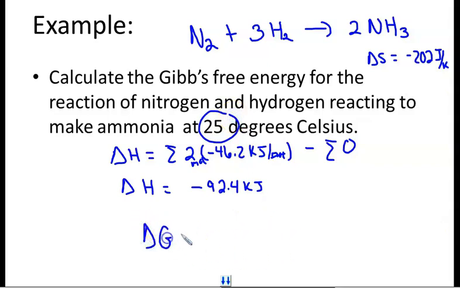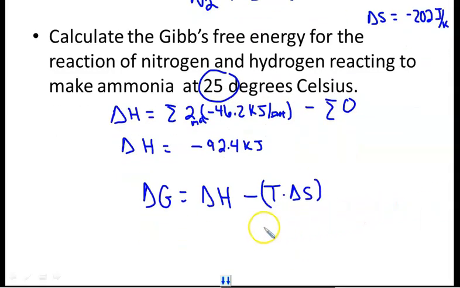So delta G is the change in H minus the T times the change in S. But S needs to be changed. So if you want to write yourself a note, you could do this, because we know we need to do that. Okay?